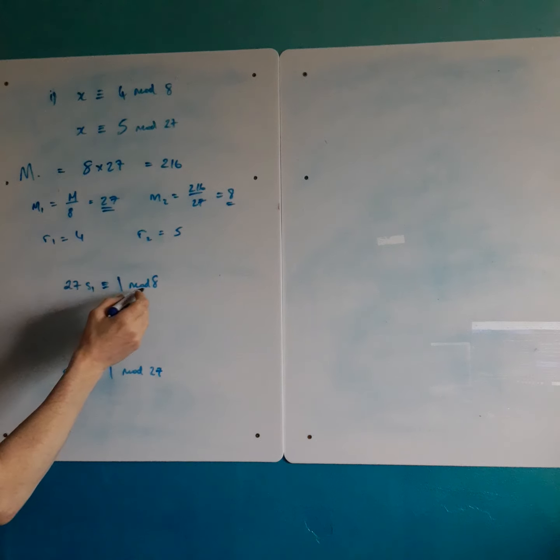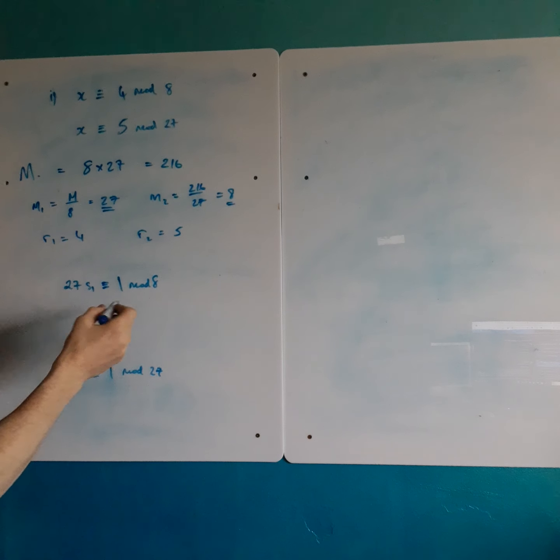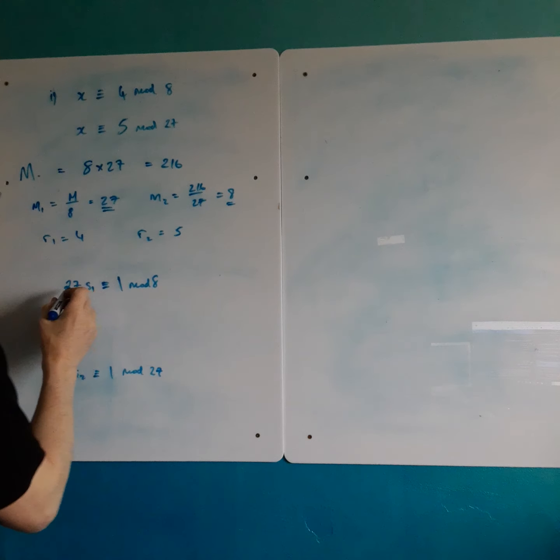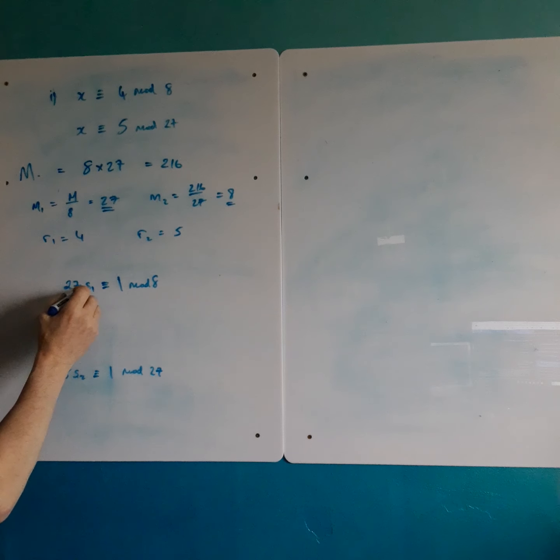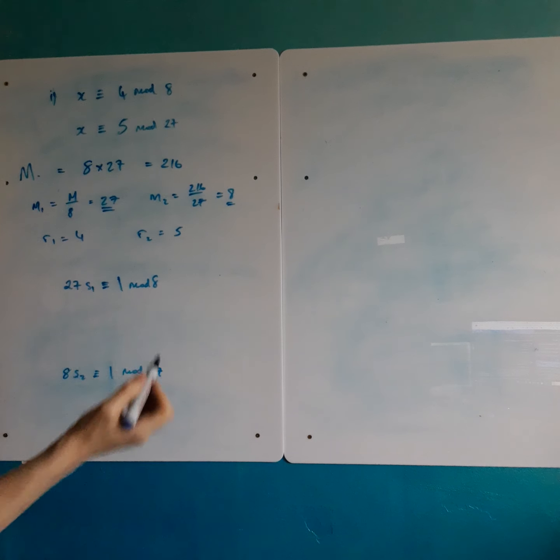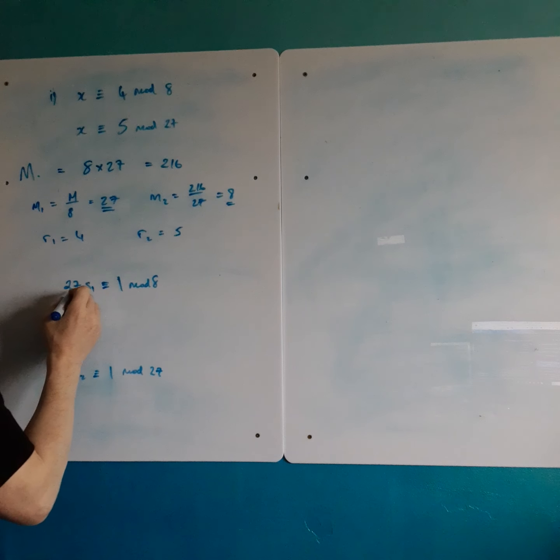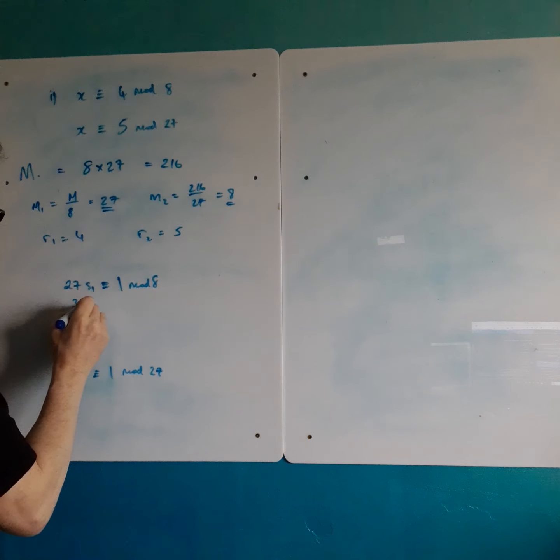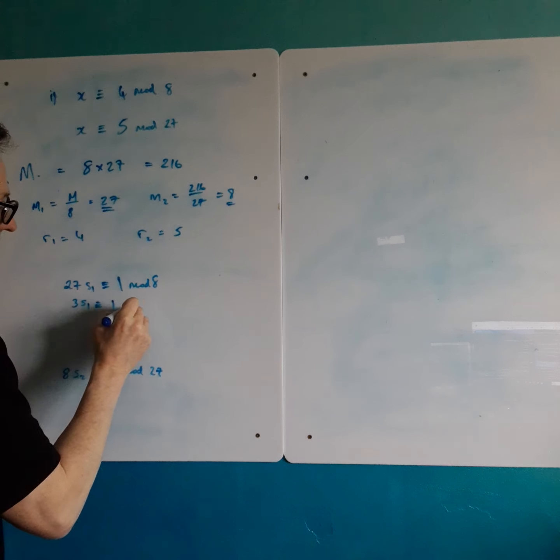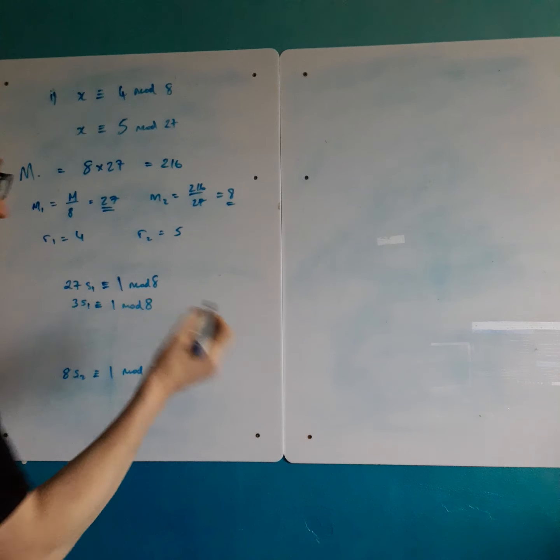Now, the fact that I'm working mod 8 means I can reduce this mod 8, which makes it a lot easier. Otherwise, I can find the inverse of 27 mod 8. That's the question I'm ultimately trying to answer. Dividing 27 by 8 gives 24, and 3 over. So 3 S1 is congruent to 1 mod 8. So I need the inverse of 3 mod 8.